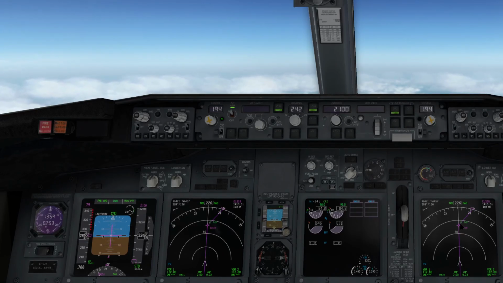So we can see that the top of descent mark is just after the waypoint ELSIR. ELSIR is one of the last oceanic tracks before entering the Canada airspace, or probably Gander Center.